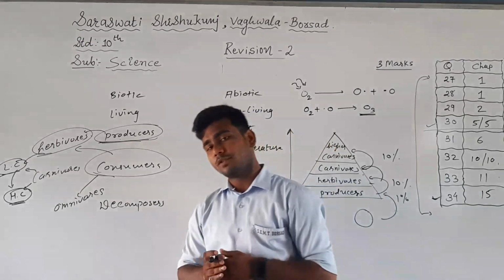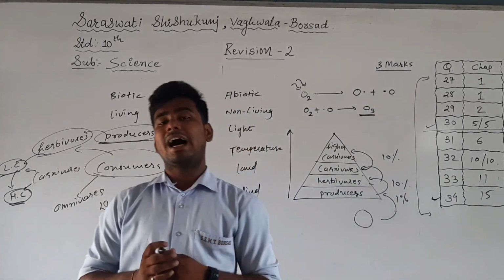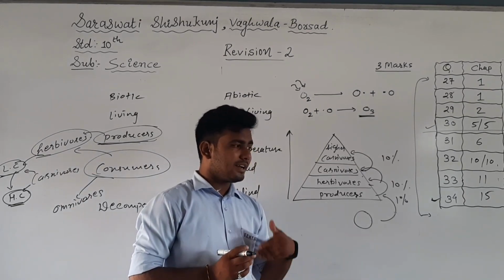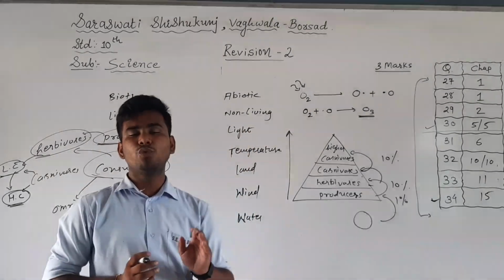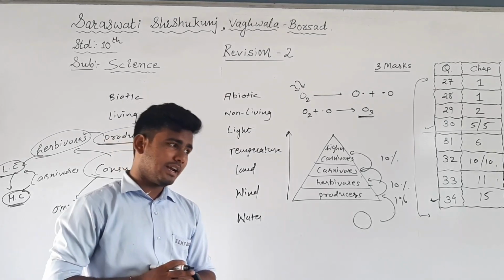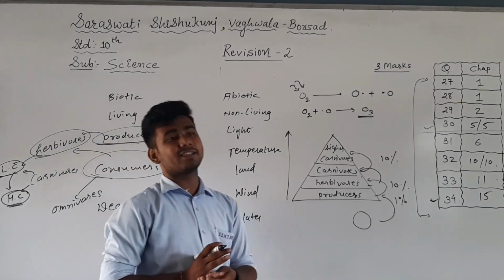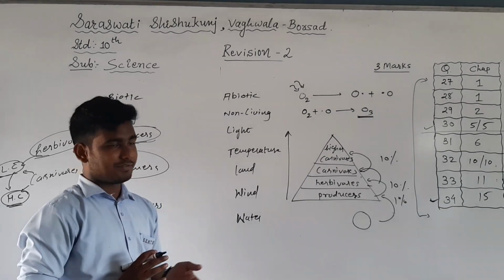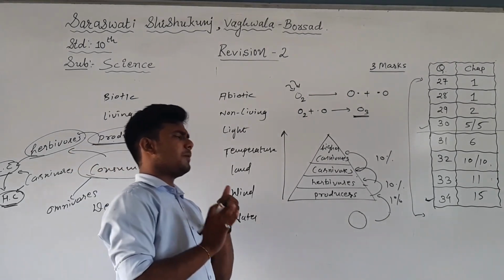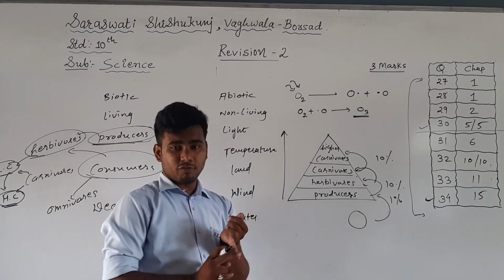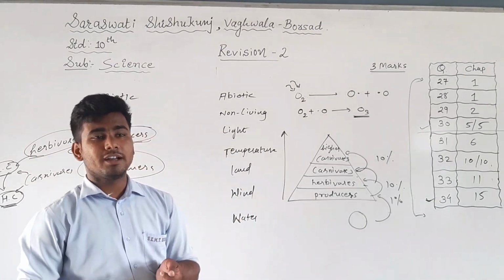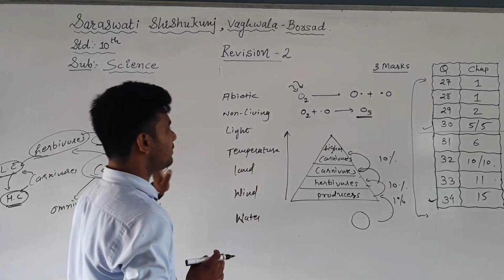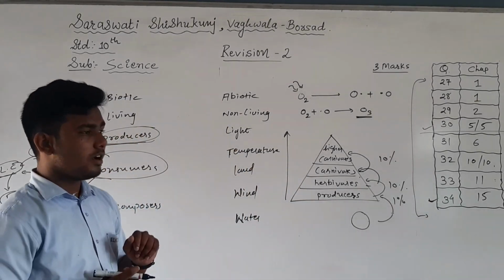Such ozone holes are seen in Antarctica, and the United Nations Environment Programme, UNEP, banned CFCs in 1986. So formation of ozone, importance of ozone, and depletion of ozone can be important 3 mark questions from our chapter number 15.